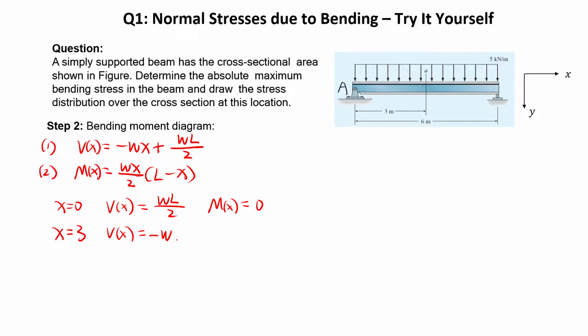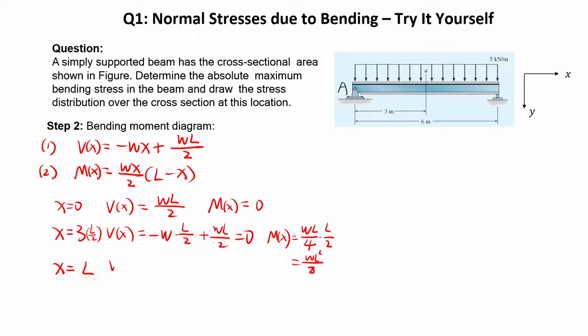Wx in this case is half L, so plugging in the symbols you will get 0. At the middle point, shear force is 0. The moment, with x as half L, becomes w over 2 L times half L, which gives us wL squared over 8.